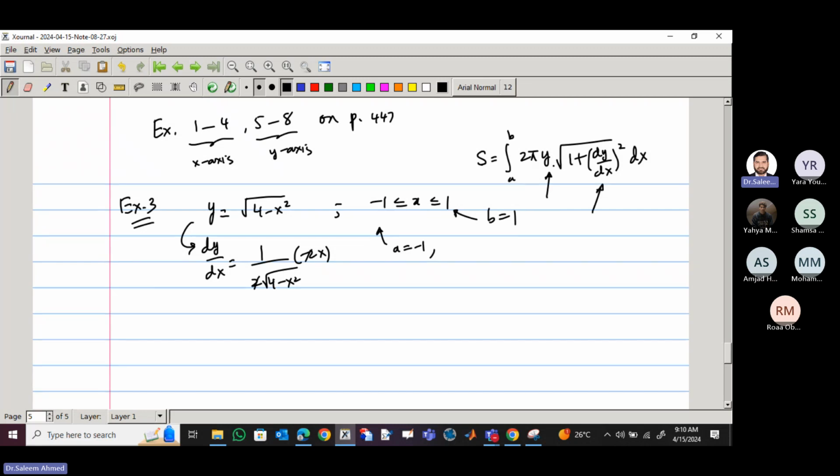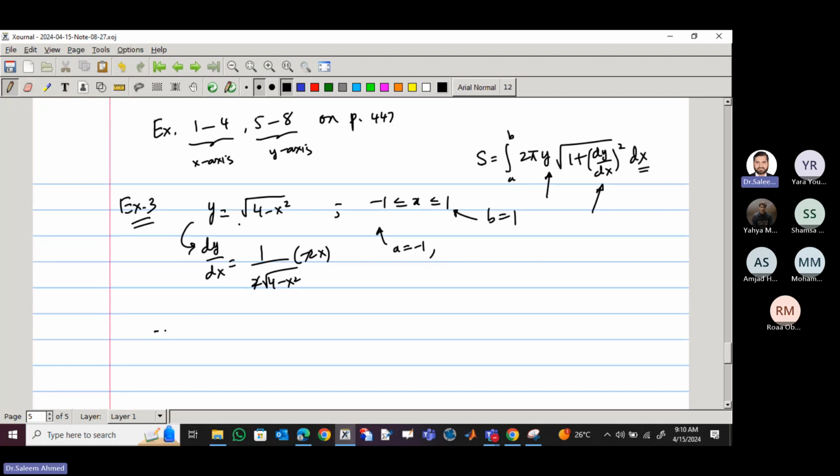And don't leave y as it is. When we write the formula like this, I saw students make the mistake and they keep y as it is. You cannot keep y as it is, because we are integrating with respect to x. So everything should be replaced by x. So y should be replaced by the right hand side, a function of x.